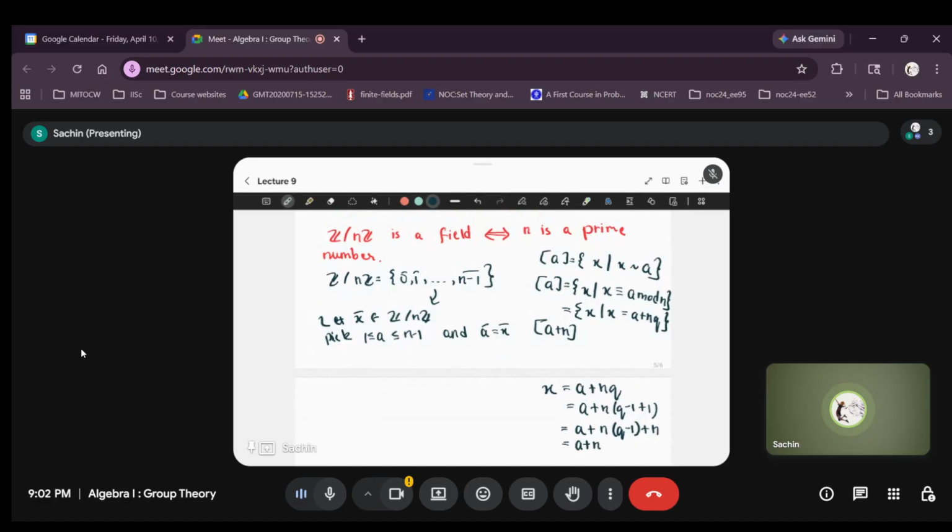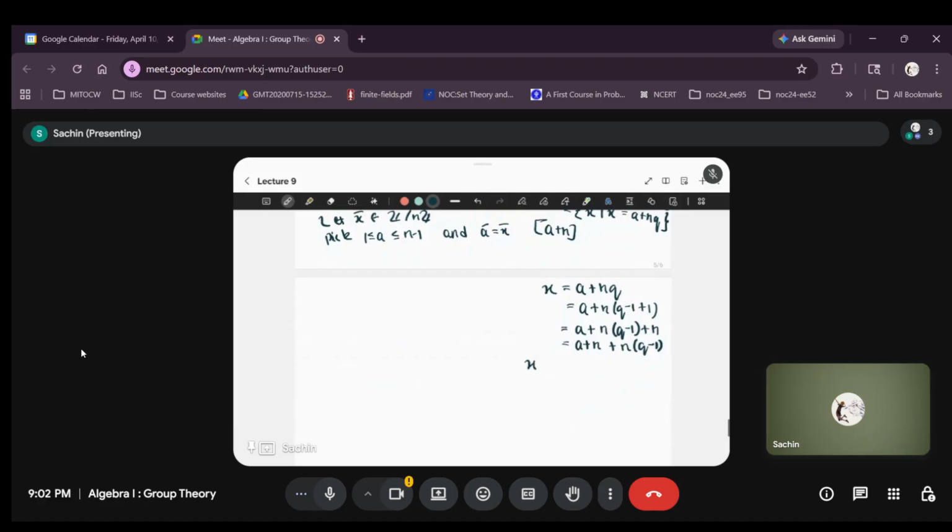You can write it as A plus N plus N into Q minus 1. So X minus A plus N is equal to N times Q minus 1. So N divides X minus of A plus N. So X is congruent to A plus N mod N also, but it is congruent to A mod N. So there is the same equivalence class.